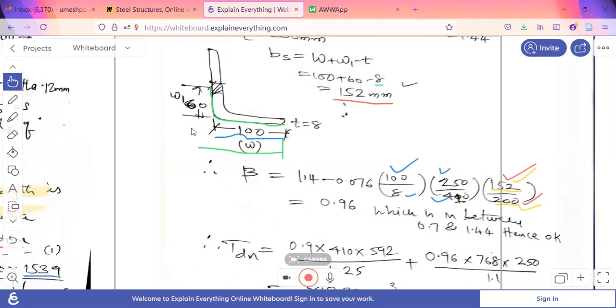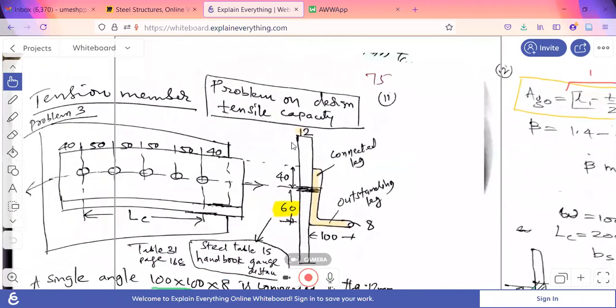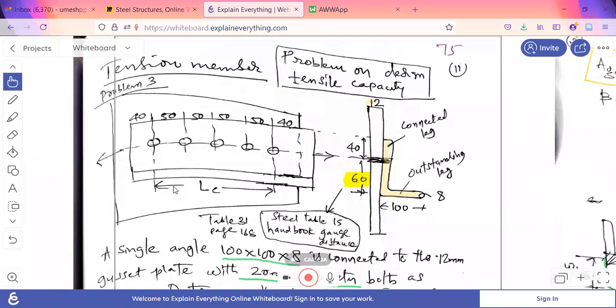Okay, Lc means what? This is Bs, this is Bs, this is Lc. Lc I defined in yesterday's class, which is the center to center distance between the first and the last bolts. That is available here. That is why when you solve it for the first time, it is going to take a lot of time. So center of first bolt to center of last bolt. So 50 into how much is this? 50 into 4, isn't it?